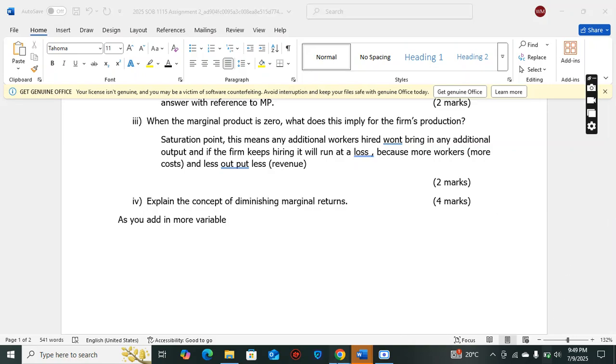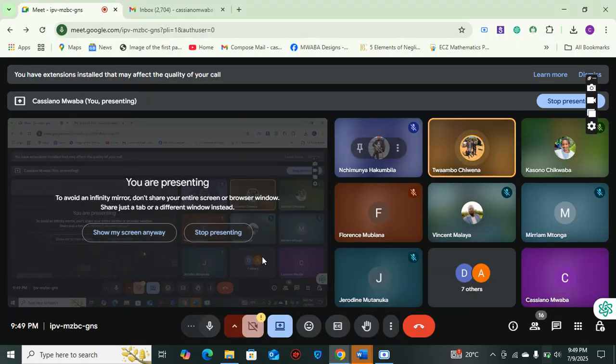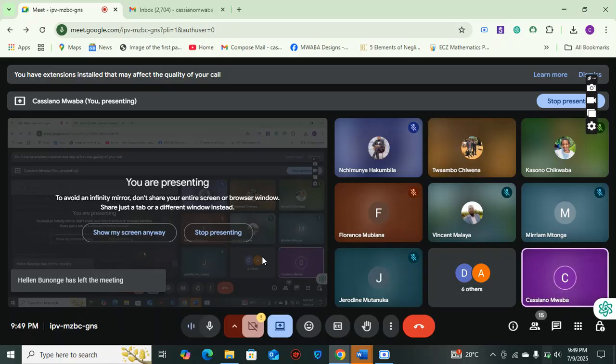Mr. Vincent explained the concept. If you've got fixed capital and you keep on bringing in more workers, there's going to be laziness, inefficiency, and the additional output each worker is going to bring would drop, and eventually your total output will drop.